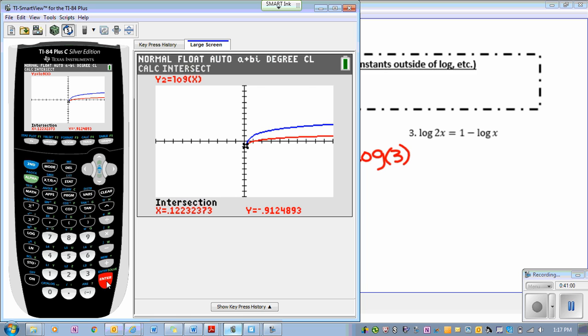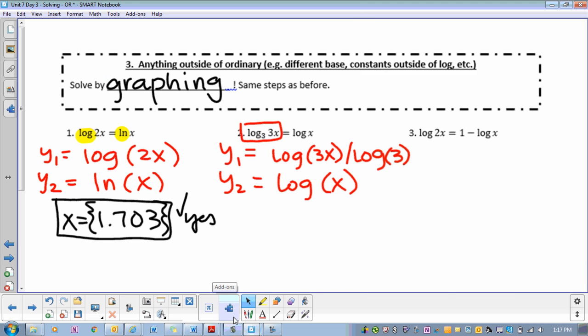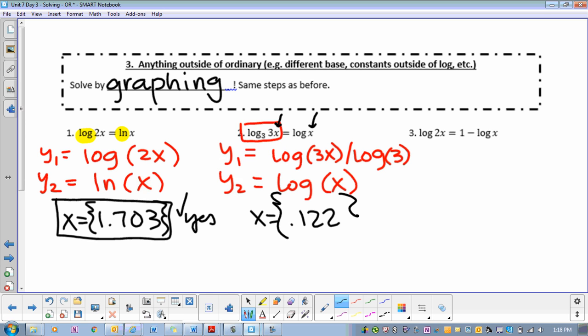X equals 0.122. Is this a solution? Yes or no? If you plug it into those x's, do you get a negative or a 0? No. So I'm going to say yes. I'll even put a little check.